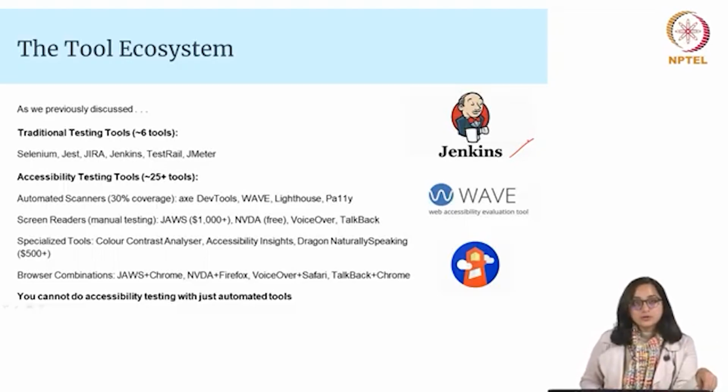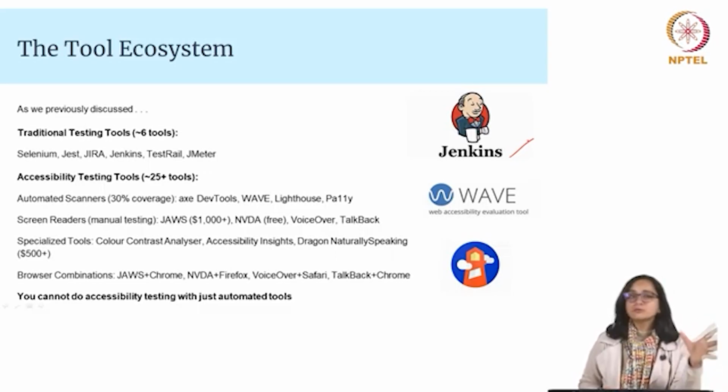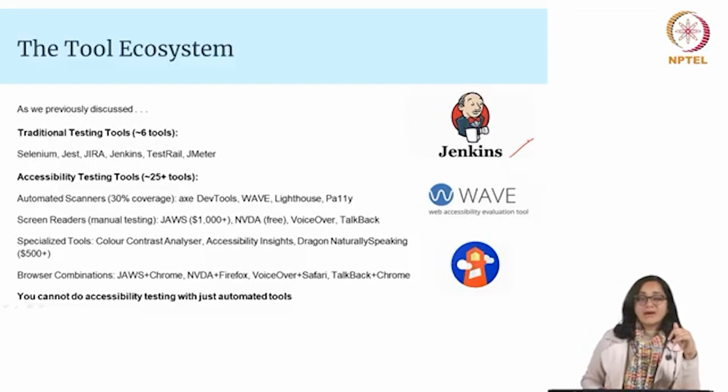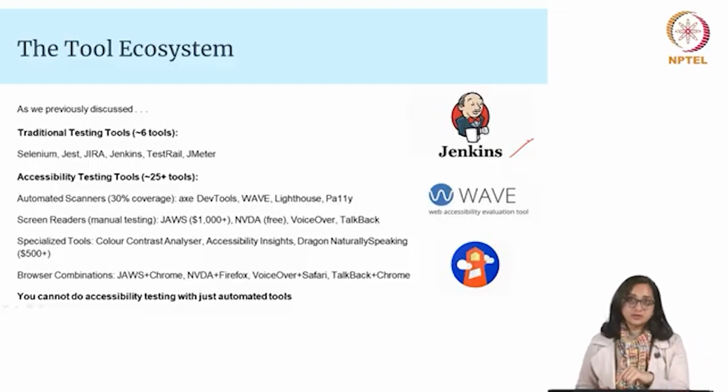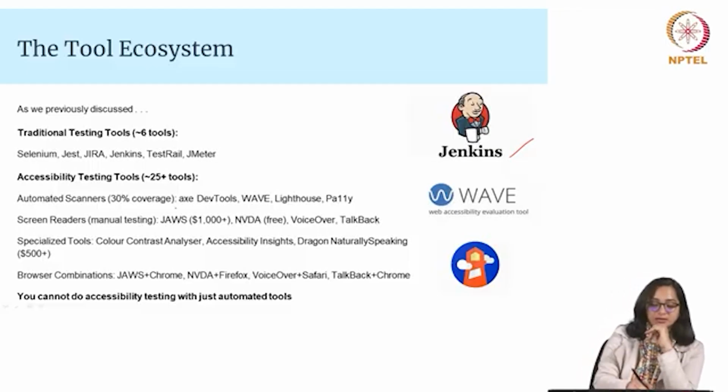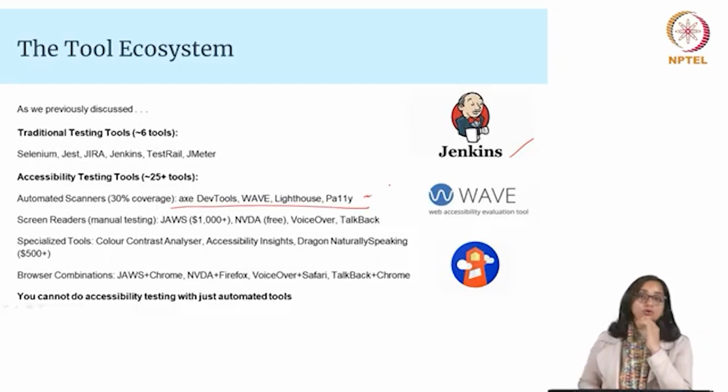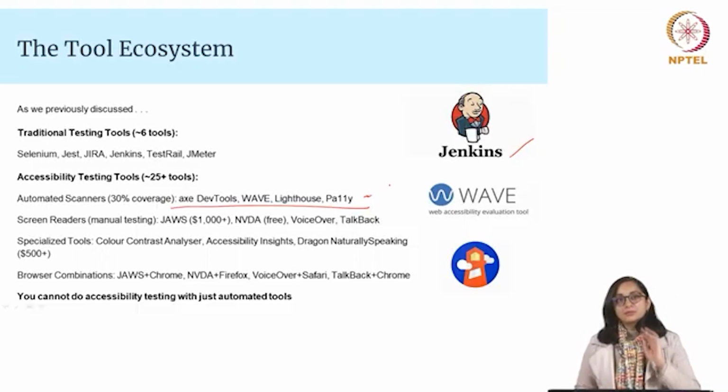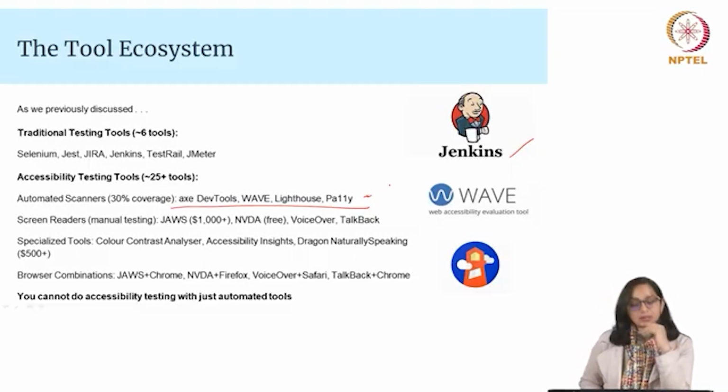So it is important to understand that some part of the evaluation can be done using automated tools. Some part of it needs manual testing with respect to, say, screen readers. So say 30% coverage with automated tools. Some part of it can be done using screen readers manually.